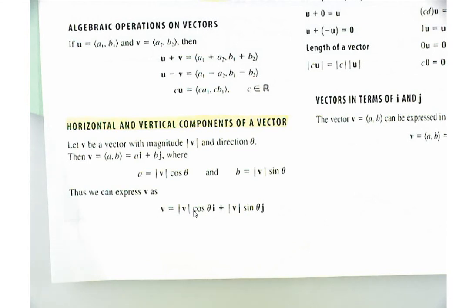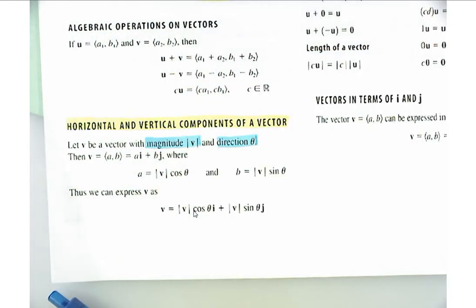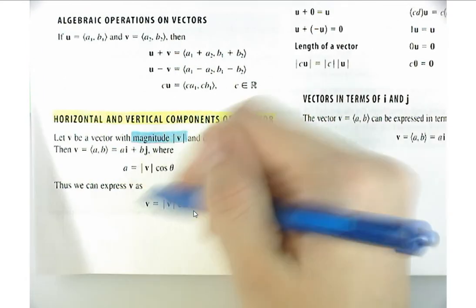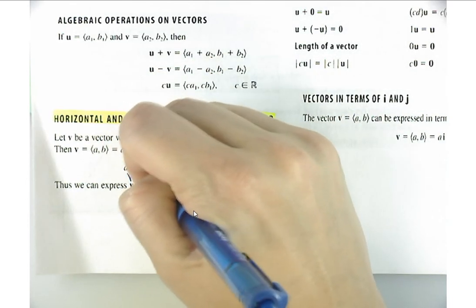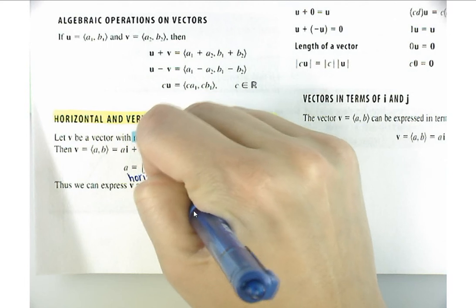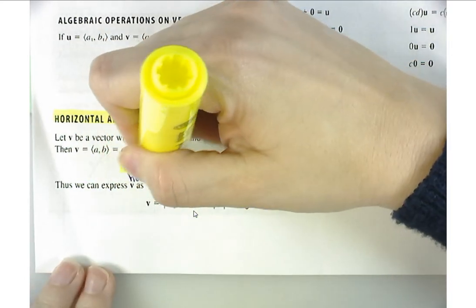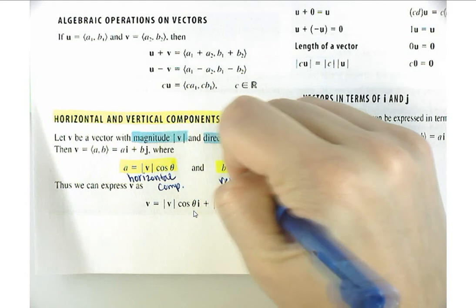We're going to let v be a vector with a magnitude of v and a direction of theta. Then you can make the horizontal component by doing the magnitude of v times the cosine of theta. So a is the horizontal component, and b is the vertical component, which can be formed by doing the magnitude of v times the sine of theta.